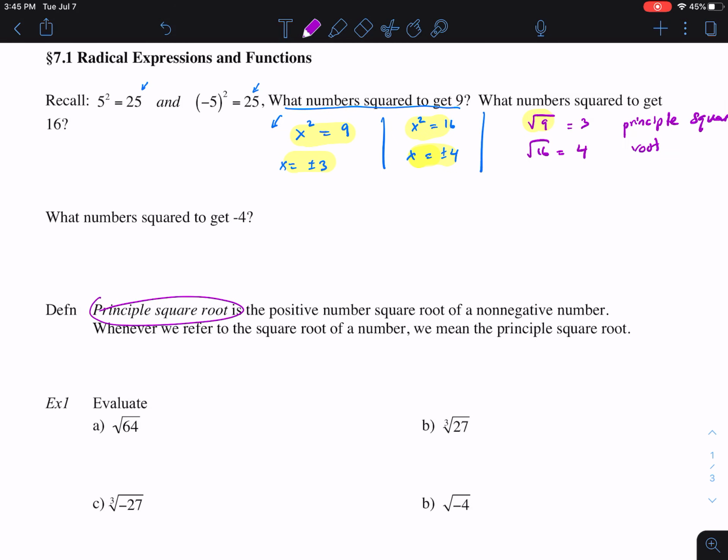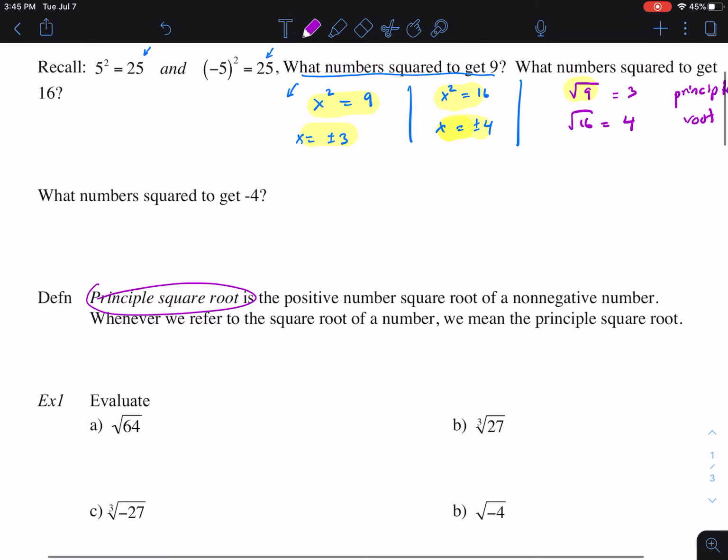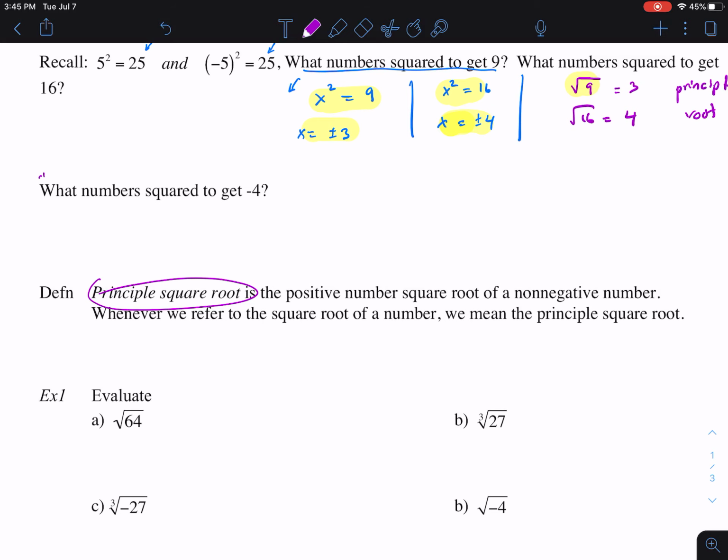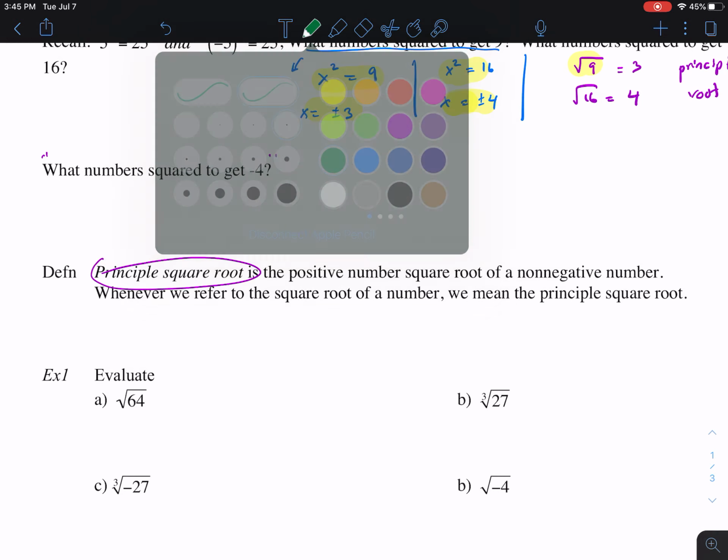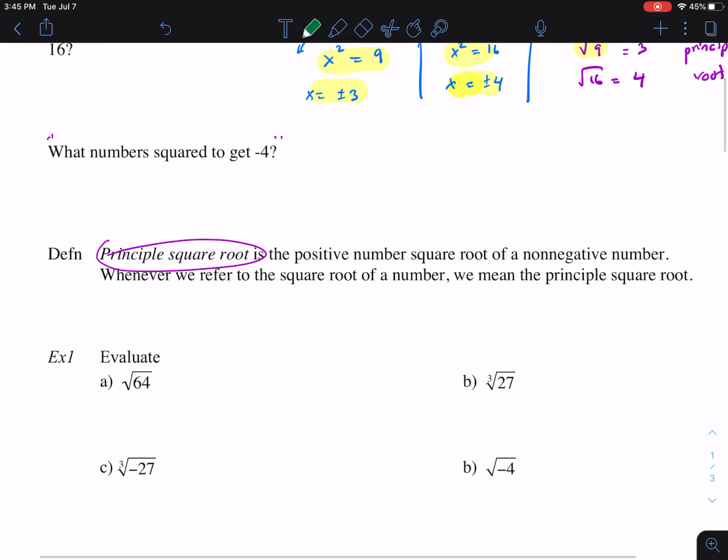Another thing we're going to come across is imaginary numbers. We can't find answers to certain radical expressions in the real number system, so we extend it to the complex numbers, which includes the number i. So if the question asks what number squared gives -4, that's something we can't find in the real number system. If we try 2 squared, that's going to be positive 4.